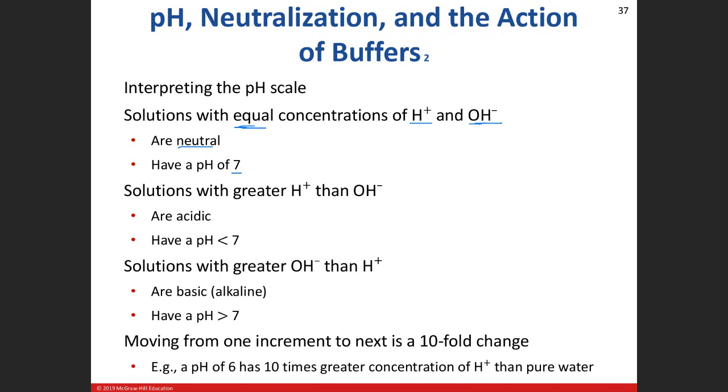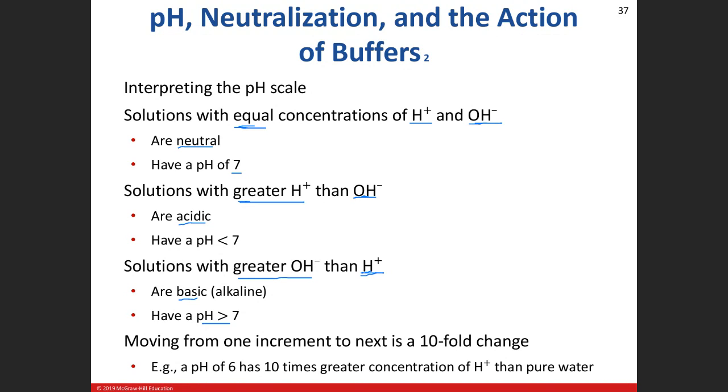In solutions where we have a lot of hydrogen ions and few hydroxide ions, they're going to be acidic, so they're going to have a low pH value. Conversely, solutions that have more hydroxide ions or low concentrations of hydrogen ions will be basic, and they're going to have a high pH value.